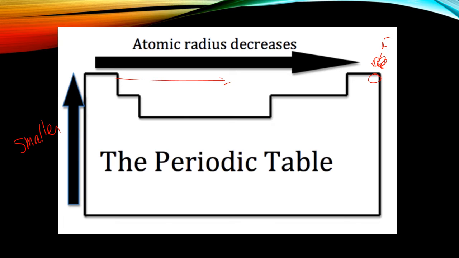That is the smallest reactive atom on the periodic table. Now, remember down here, this metal was the most reactive metal, and it's also the biggest. And the reason it's so reactive is its effective nuclear charge is so small that those electrons are free to react whenever they want to.